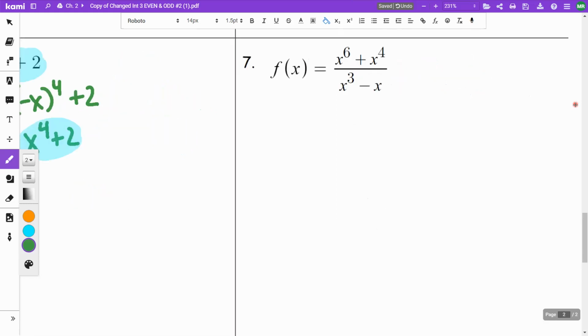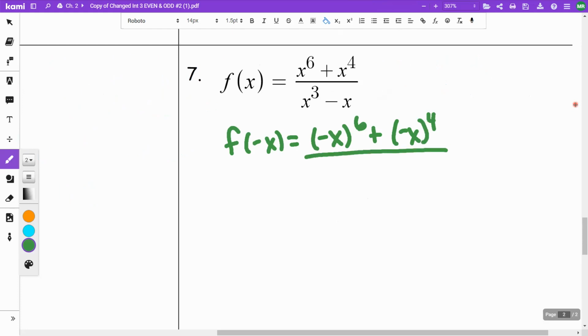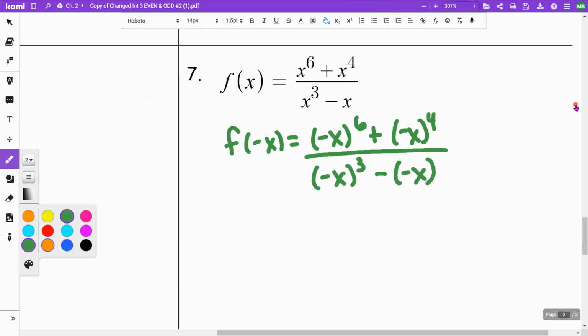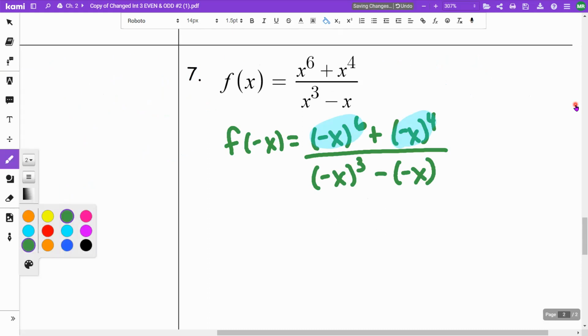On number 7, I'm going to put in a negative x. So I'm going to have a negative x raised to the 6th, a negative x raised to the 4th, a negative x to the 3rd, minus a negative x. Now, anytime I have a negative raised to an even power, like I do right here, I'm going to get a positive back.